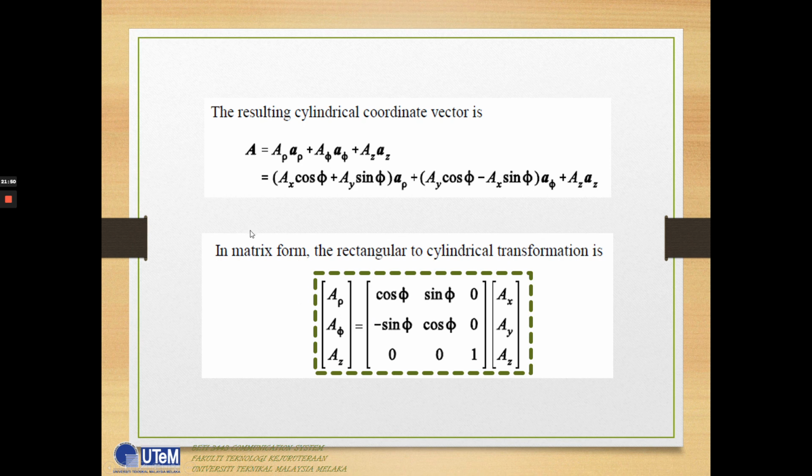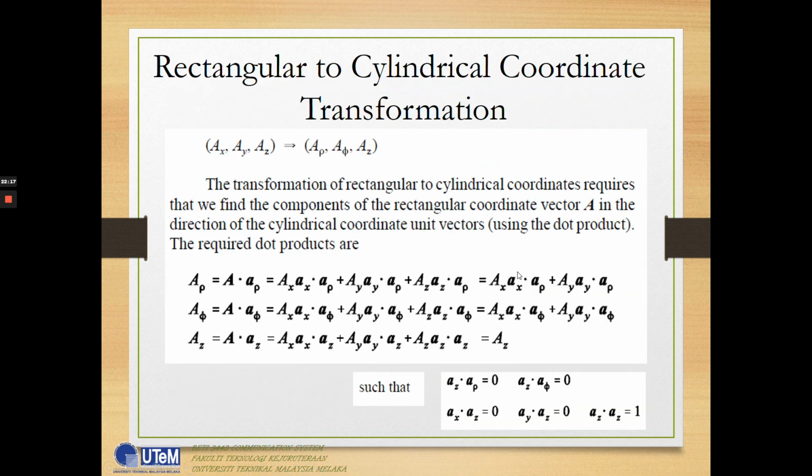But rather, we will go directly to the point where we can actually transform this. We want to find the cylindrical from the rectangular, so rectangular is given and we need to find the cylindrical. So we need to multiply with this. What is A_x? A_x is the value of any formation.